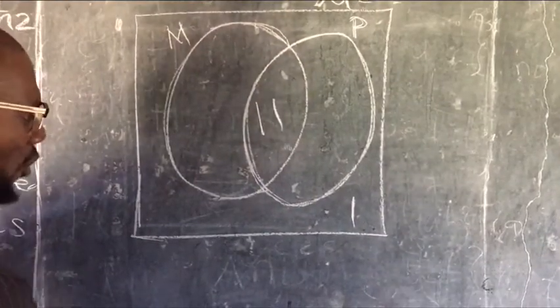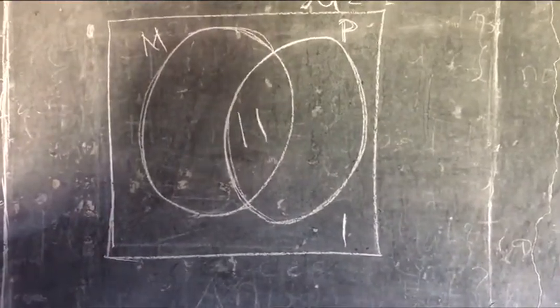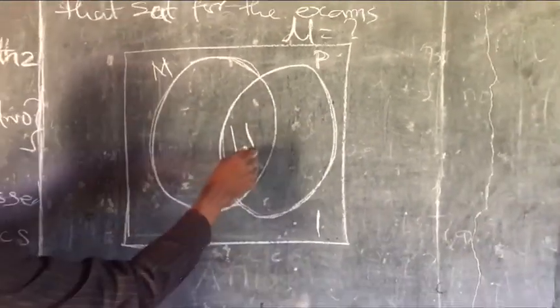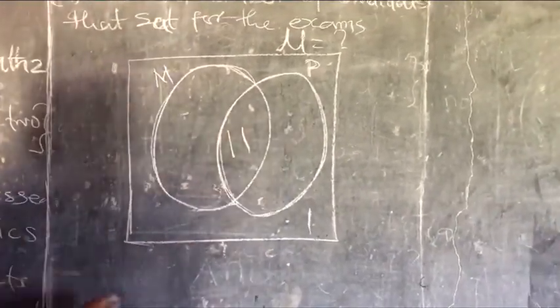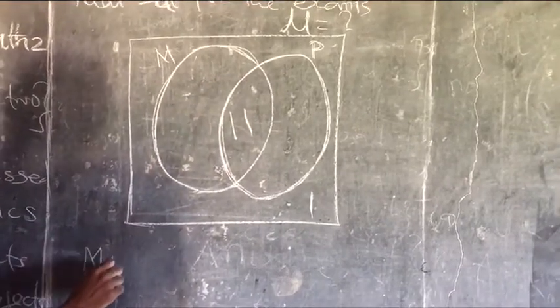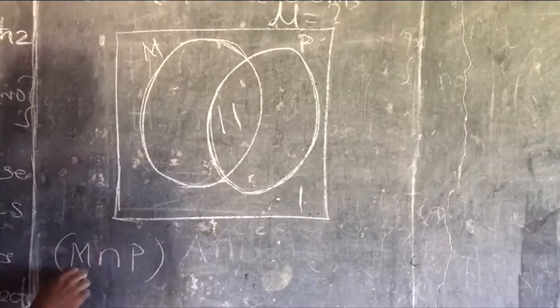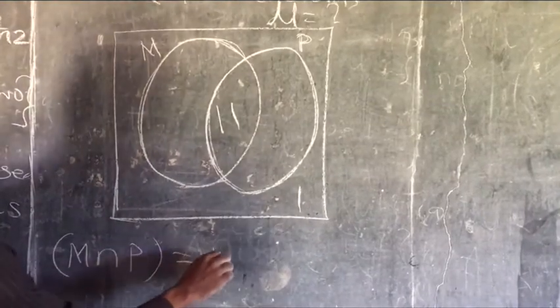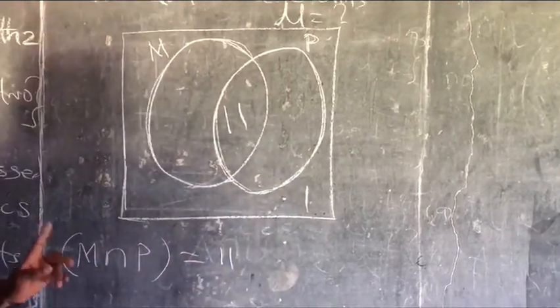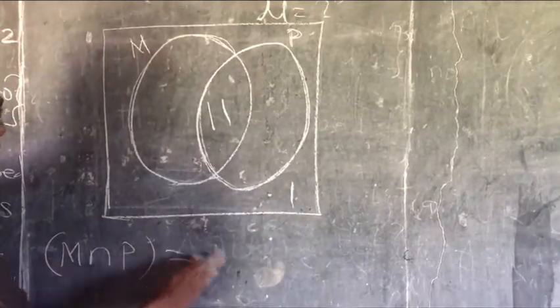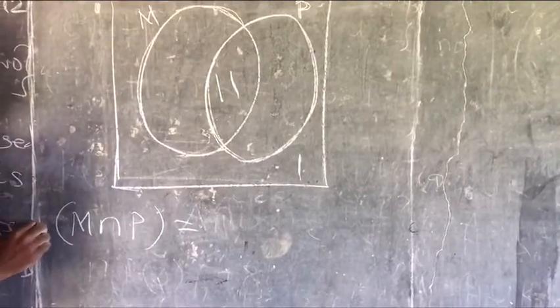So now, if we remember our set interpretation and representation wey we bin don do before, we know say anything wey dey here na the one wey we call intersect, abi? We call am intersect. Maths intersect Physics come give me 11, but you suppose give me set. So now, wetin I dey represent here na the cardinality.